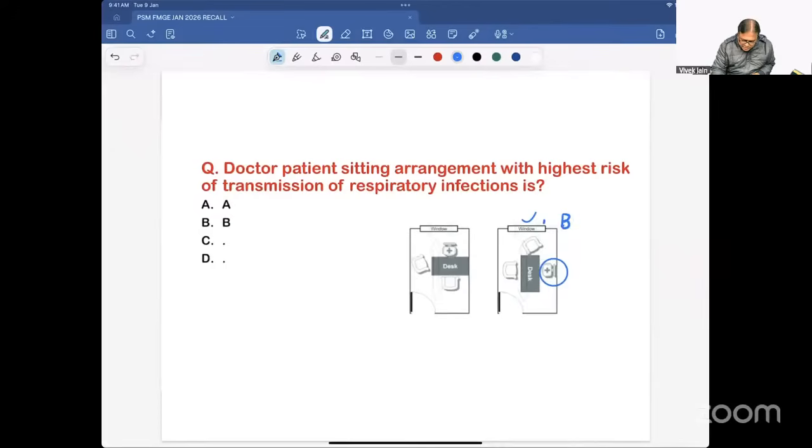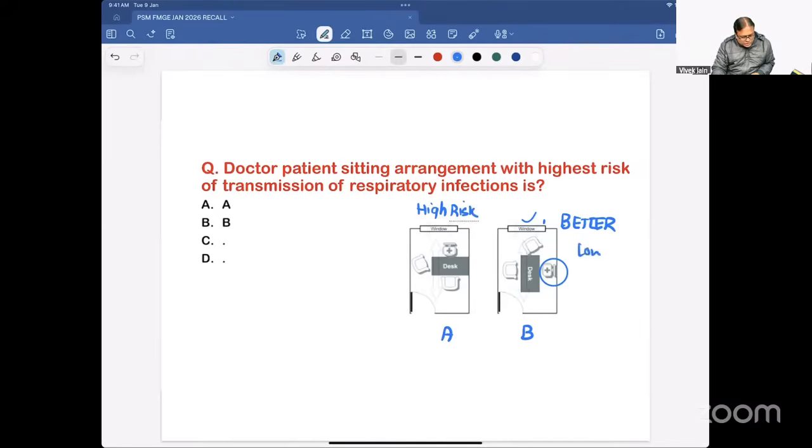So what was the question? Can you tell me? Were they labeled as A and B? Did they ask which is better? This will be better. This will have low risk. This will have higher risk, because the doctor is in line of the ventilation.